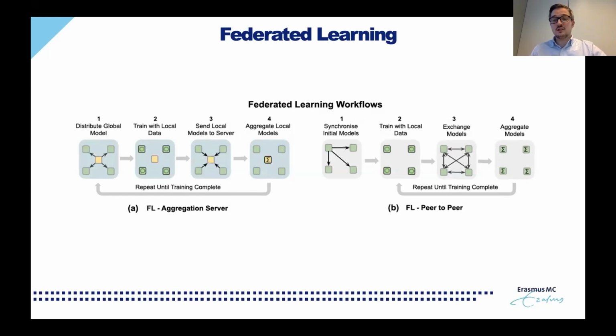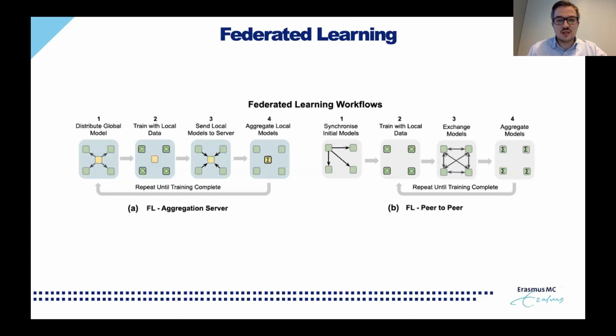Or you can even run it in a peer-to-peer model, where there is no central site, everyone aggregates everything, and at the end you just summarize the network. So that's more about the details of the implementation and the computational burden for the internet connection.